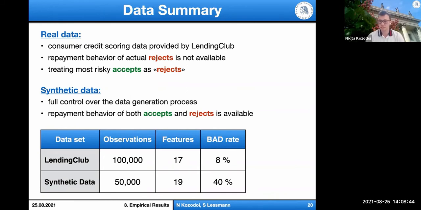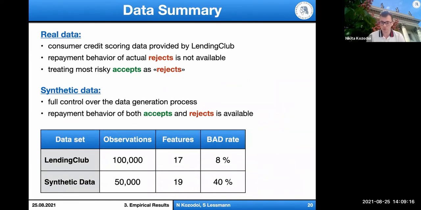And since this is not ideal, we also perform experiments on a synthetic data set where we have full control over the data generation process and where we can therefore see the repayment behavior of both accepted and rejected applicants. So we are using the same technique, generating data from multivariate Gaussian distributions, as I was describing in the beginning of the presentation, to construct the synthetic data set with 2 classes of loans, good and bad.